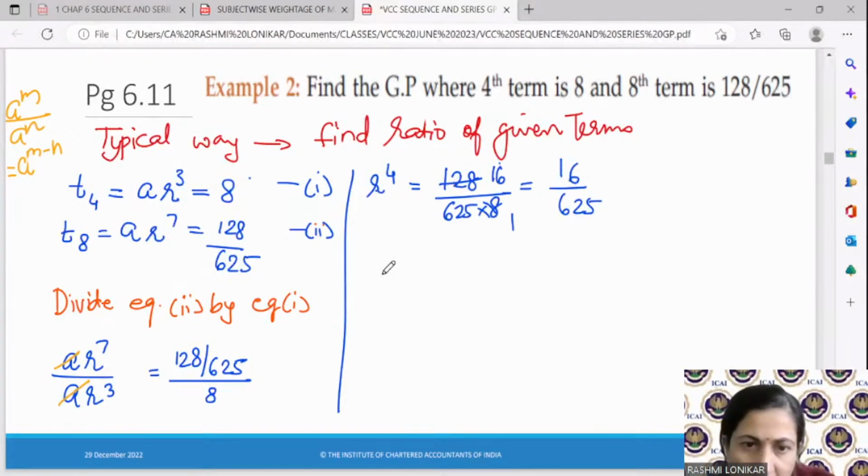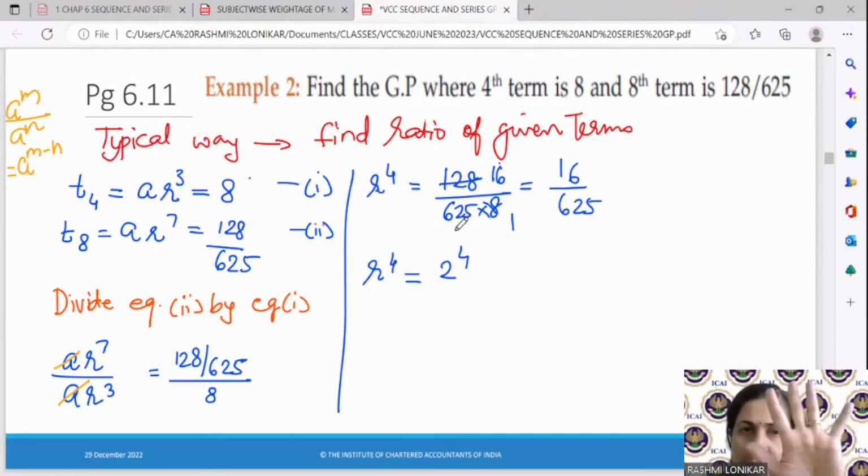Now, R raised to 4: how can I write 16? I can write it as 2 raised to 4. 2, 4, 8, 16. Okay. Anytime you can do that. 2, 4, 8, 16, 32. So 2 raised to 1 is 2, 2 raised to 2 is 4, 2 raised to 3 is 8, 2 raised to 4 is 16, 2 raised to 5 is 32. Okay.